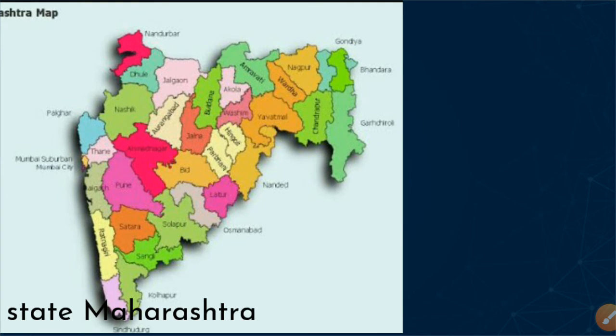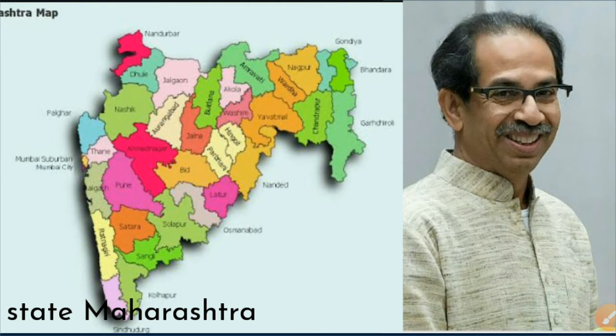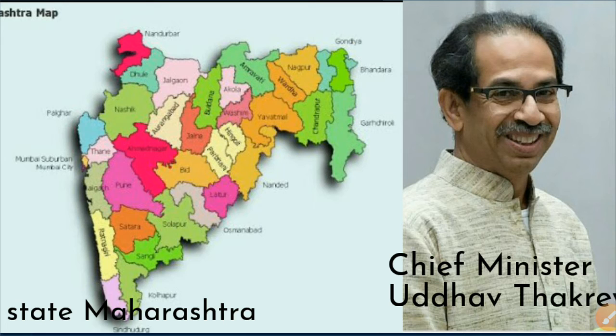Yes, this is the map of our Maharashtra, and as Maharashtra is a state, the Mahavikas Aghadi is the elected government and our chief minister is Uddhav Thackeray sir. So our state Maharashtra is ruled by the state government.